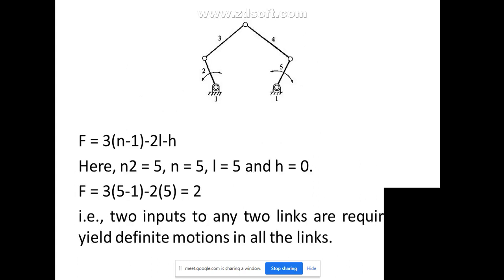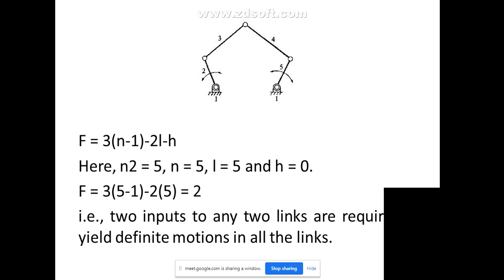But in this case, if you calculate the degree of freedom, we got 2. So if you move links 2 and 5, then only you can get definite motion for 3 and 4. It is just the inputs, not only the motion. Degree of freedom is nothing but the number of inputs you can give to a particular mechanism so that it gives definite motion to all the links.